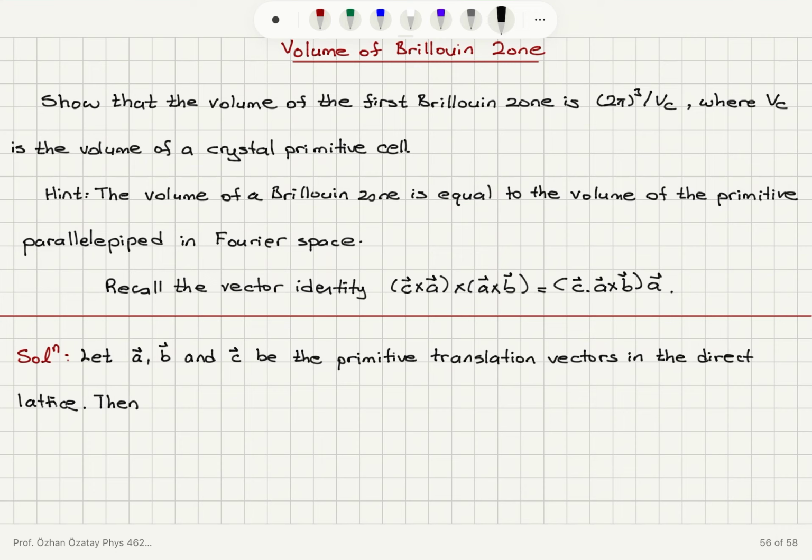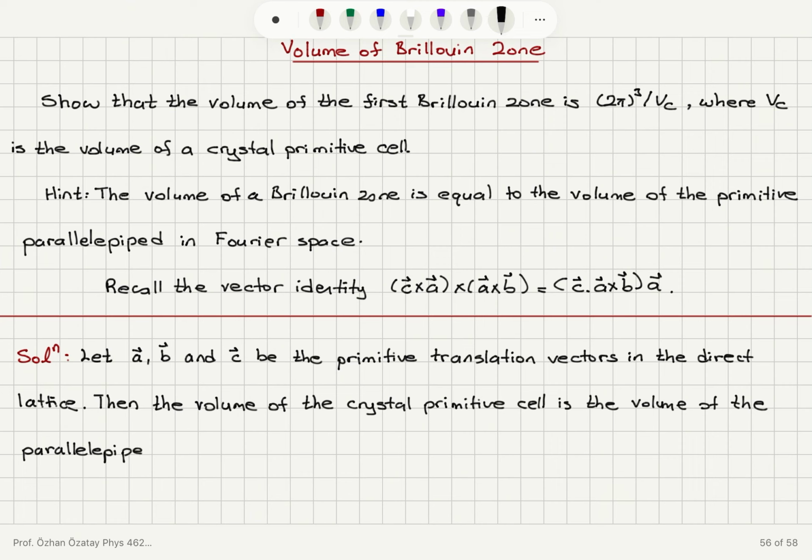Then the volume of the crystal primitive cell is the volume of the parallelepiped which is defined by these vectors A, B, and C. Okay, now what we do is we're going to form cyclic permutations between vector A, vector B, and vector C.